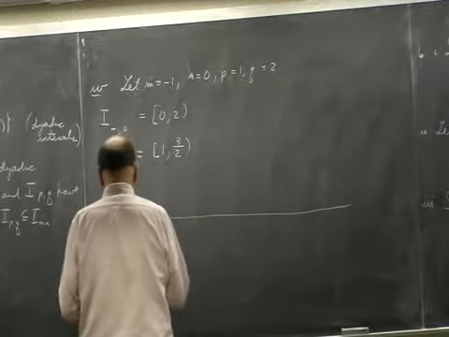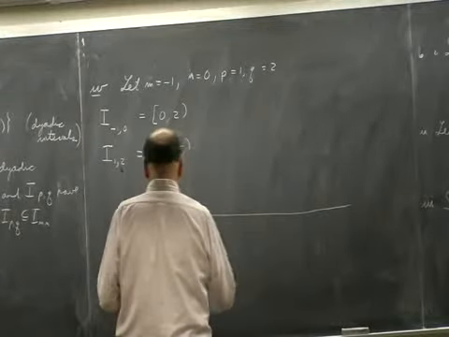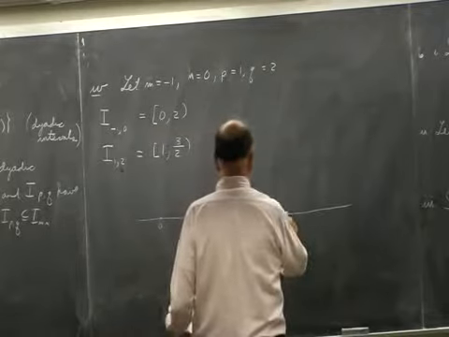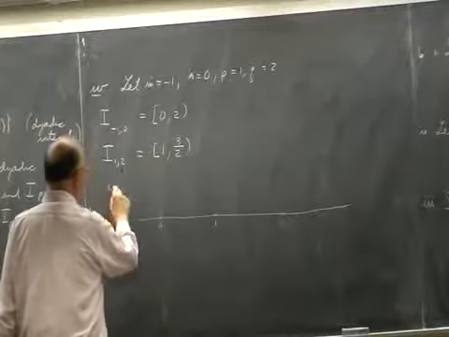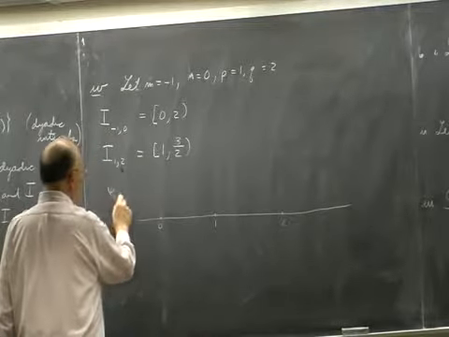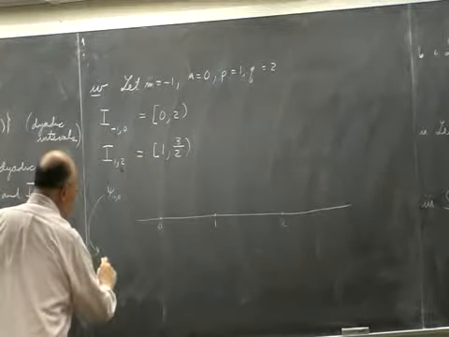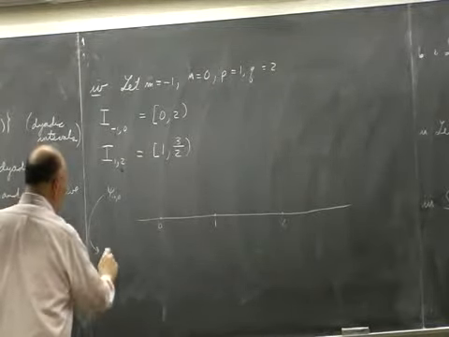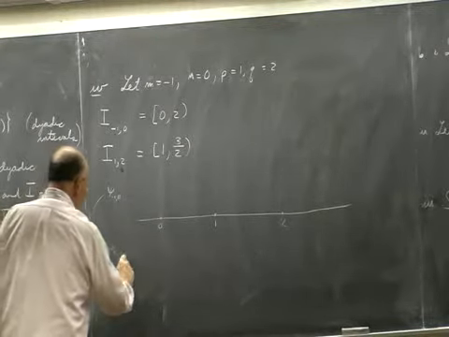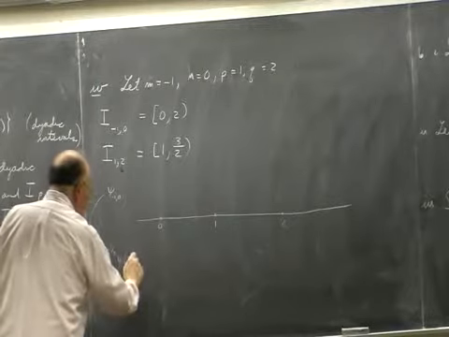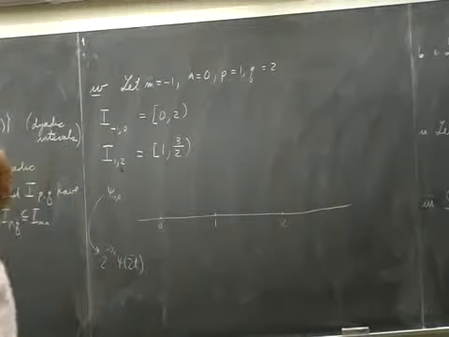Now, if I look at those sets, there I am at 0, up to 1, up to 2. And if I look at psi minus 1, 0, well, psi minus 1, 0 is 2 to the minus 1 half psi of 2 to the minus 1 t, and that's it.